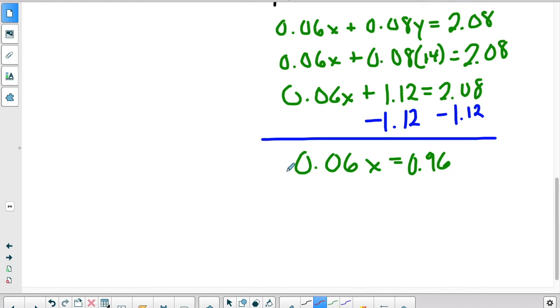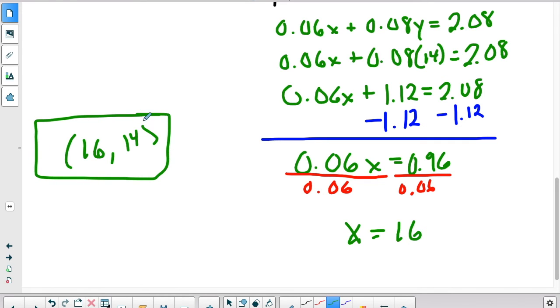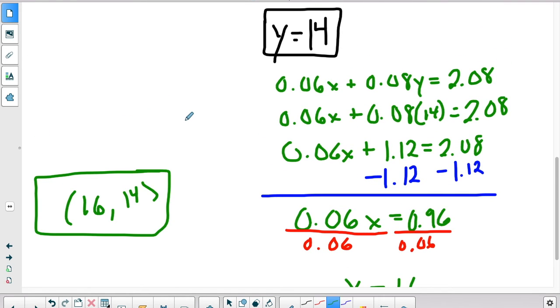And last but not least, we can divide both sides by 0.06. And we find out that the value of x is 16. So our solution for this here is 16, 14. And that's all we have to do for this problem here.